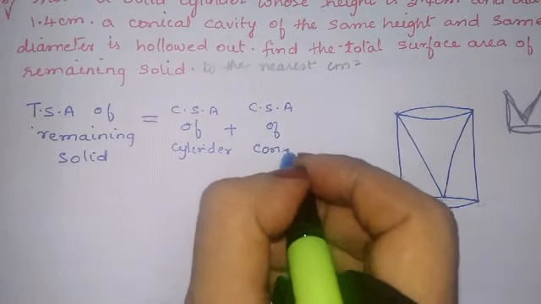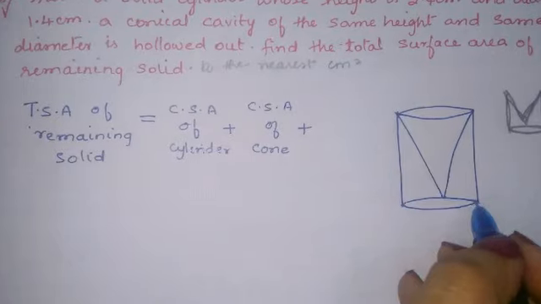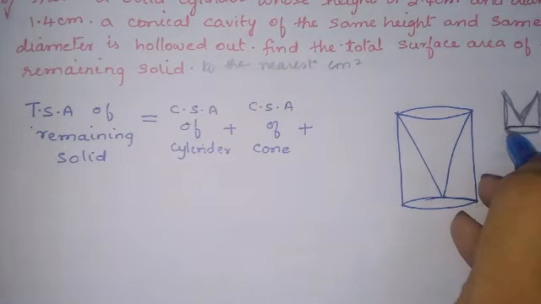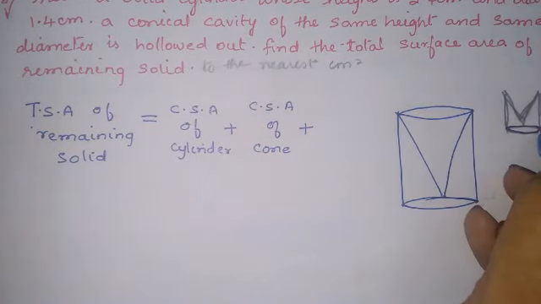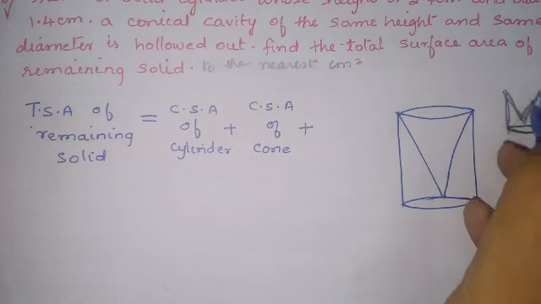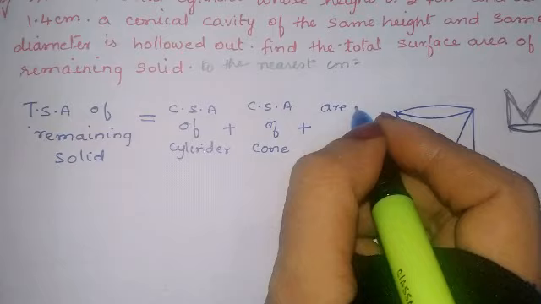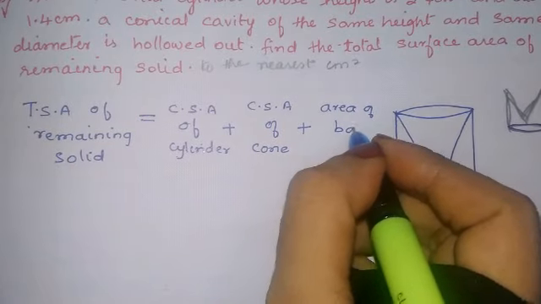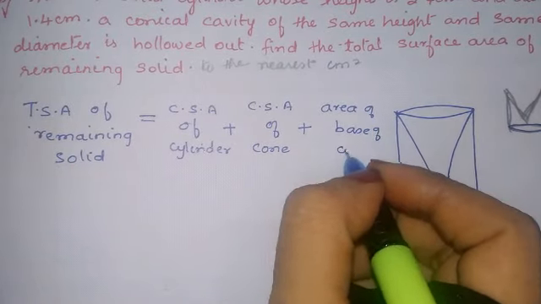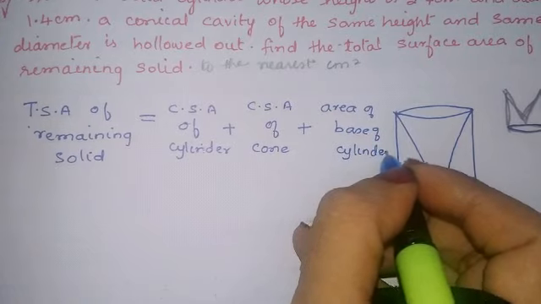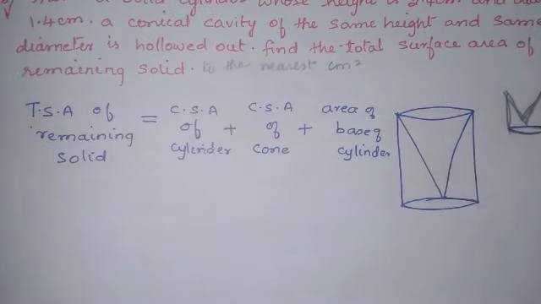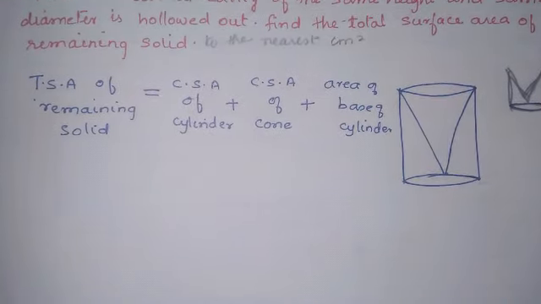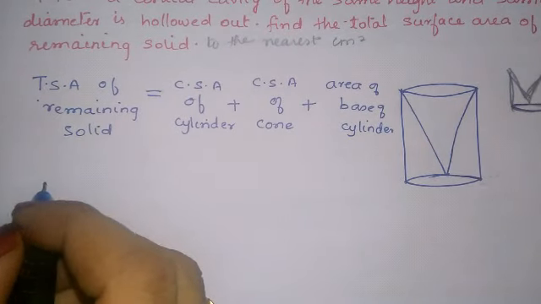Next, plus the base part also we should take, in this solid figure. The top has been removed, but the base is as it is there: area of base of cylinder. So we need to find these three things for the remaining solid. Okay, for the cylinder, what they have given, let us go on writing.